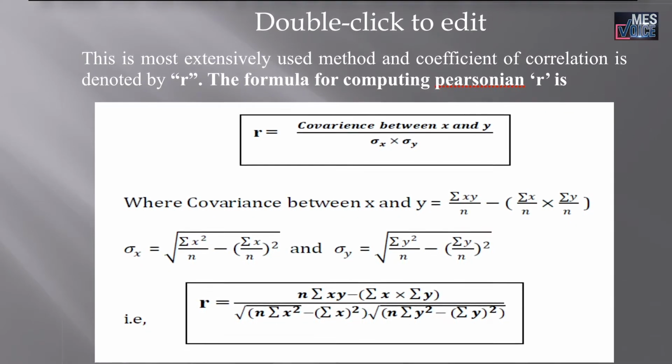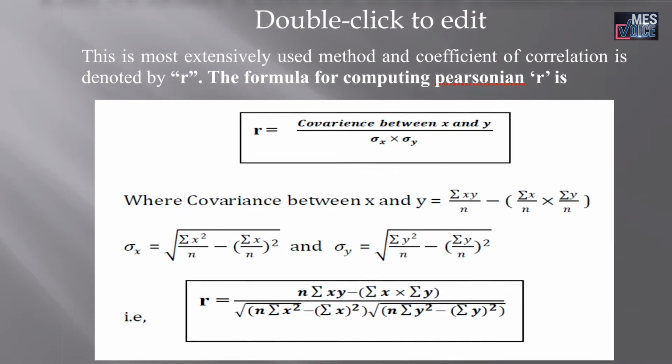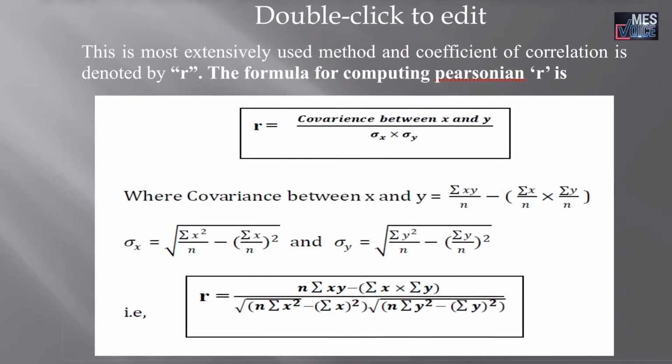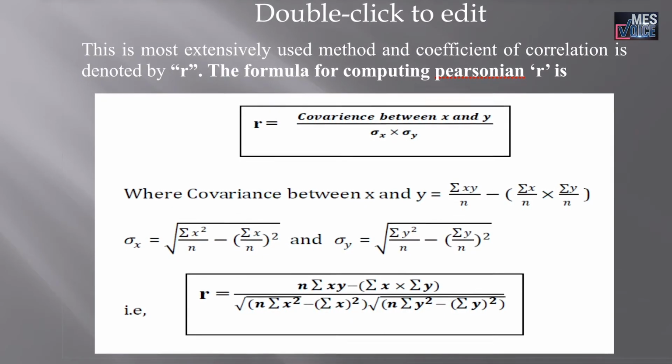Another formula based on covariance is covariance between x and y divided by standard deviation of x into standard deviation of y.